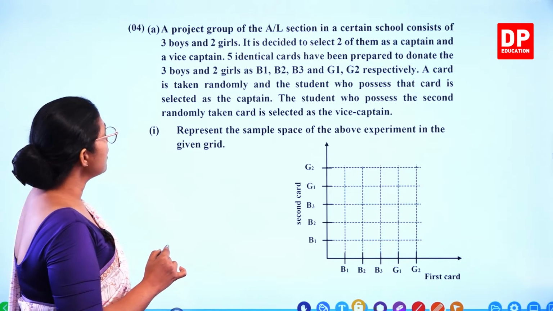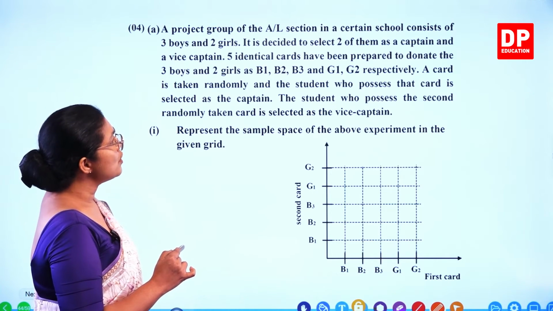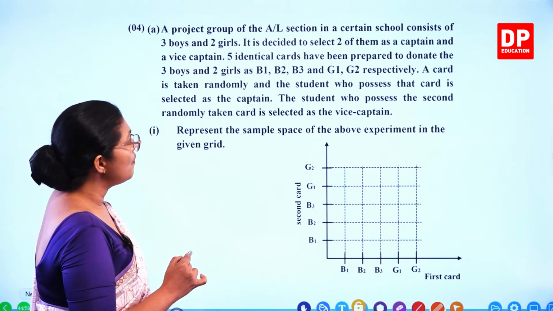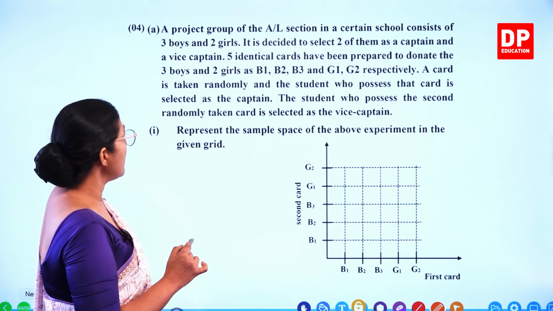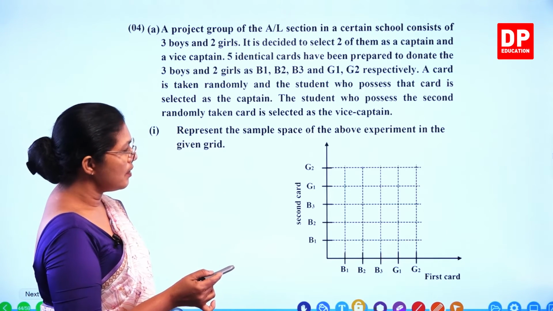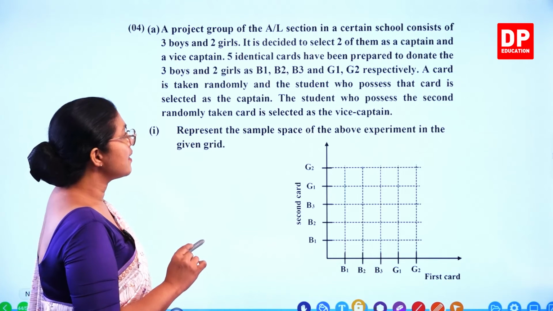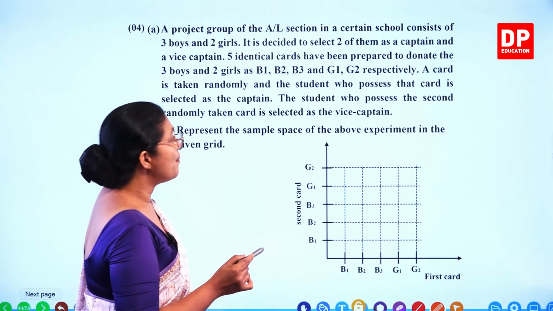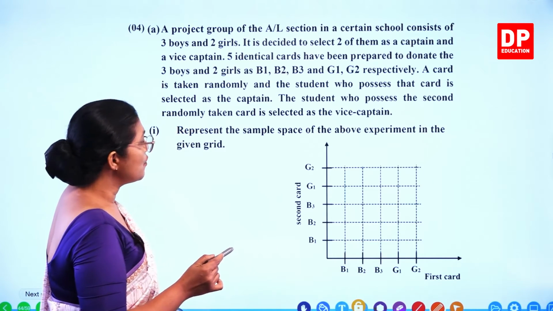A card is taken randomly and the student who possesses that card is selected as the captain. The student who possesses the second randomly taken card is selected as the vice captain. So the first card for the captain and the second card for the vice captain. Represent the sample space of the above experiment in the given grid.